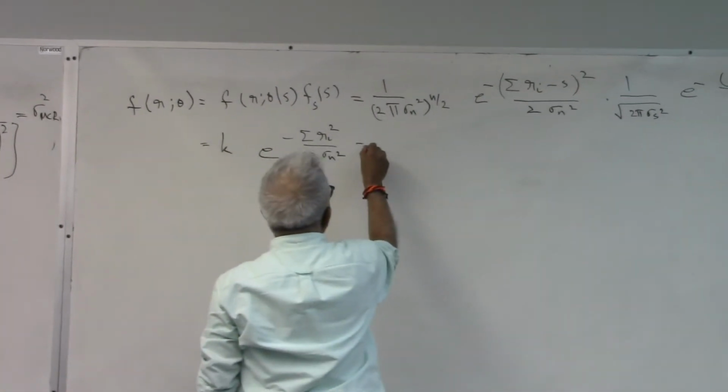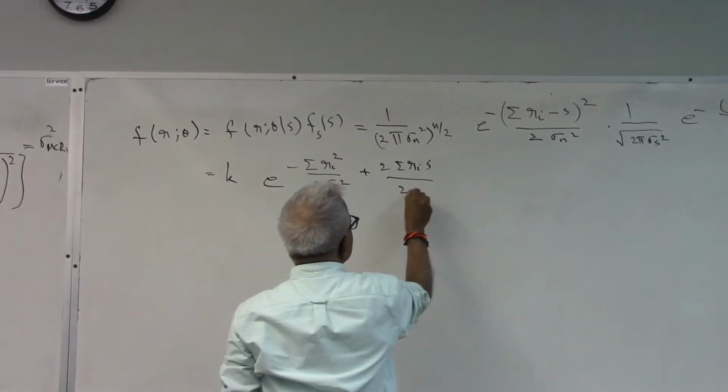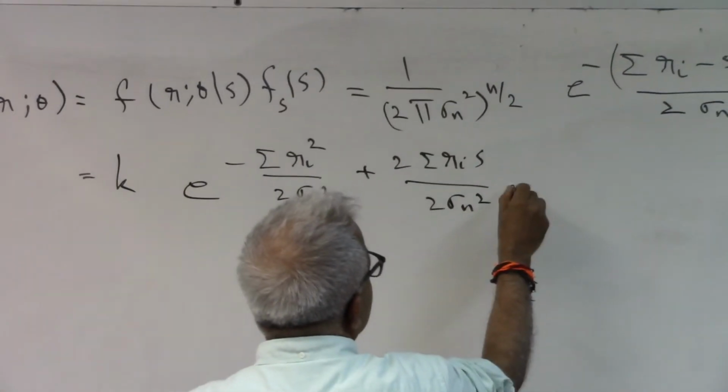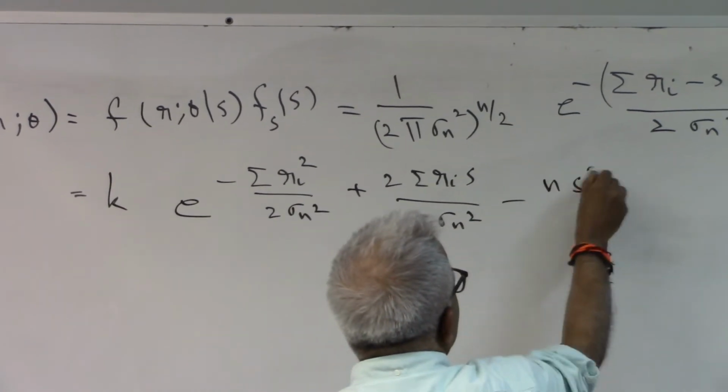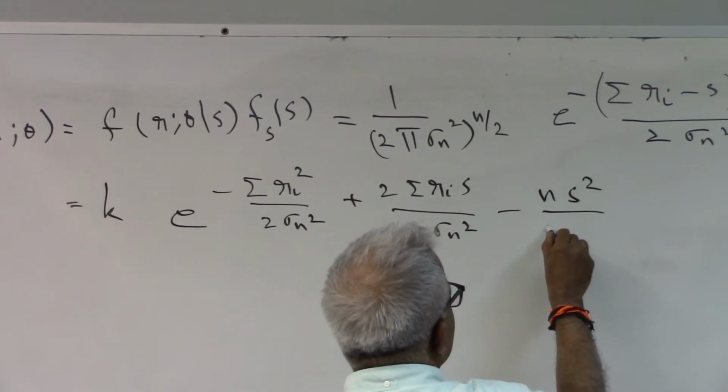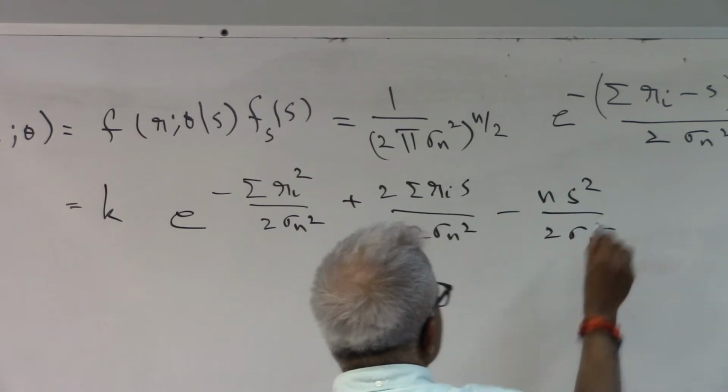Then I have plus 2 sigma Ri S over 2 sigma n squared, then minus S squared over 2 sigma n squared.